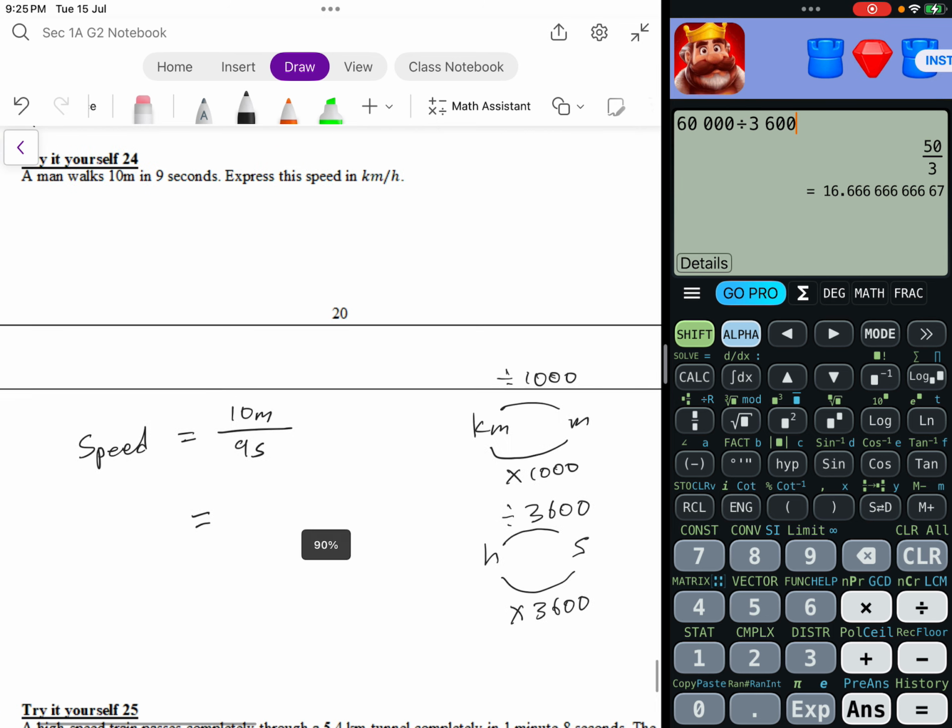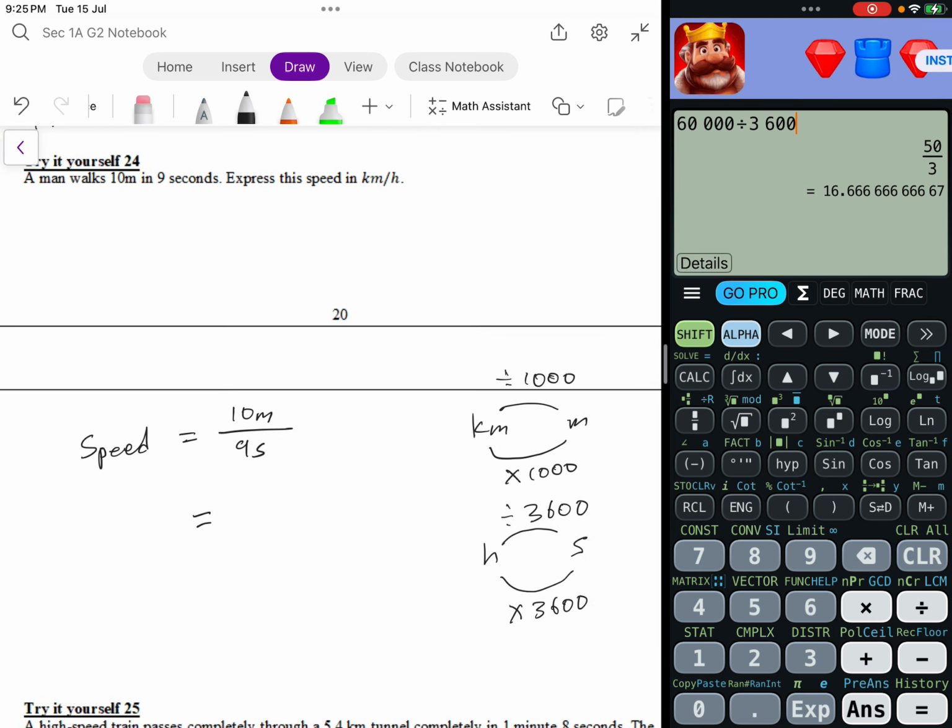Seconds to hours, divide by 3600. So 10 meters, because I'm going to have two fractions, I put 10 meters divided by 1000 meters to get kilometers.